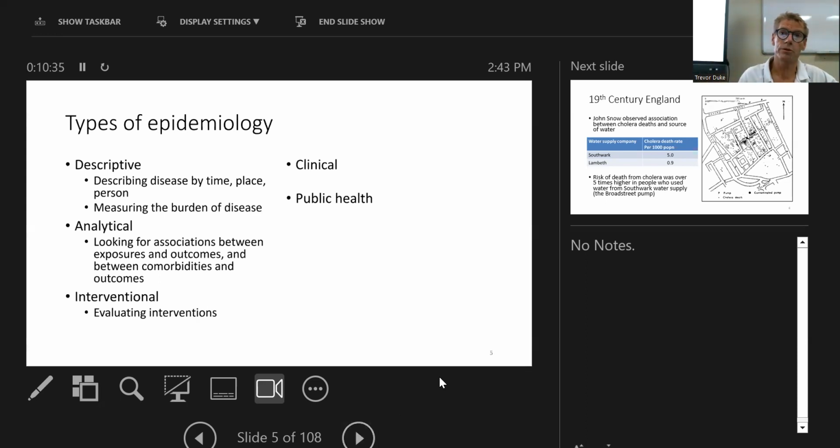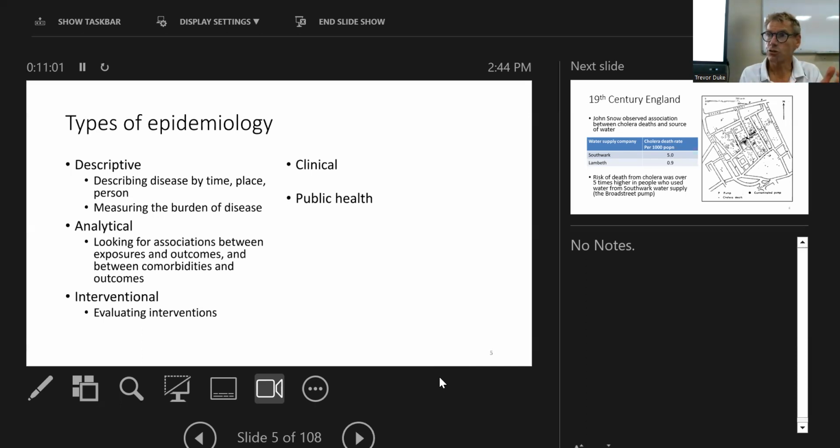And there's lots of types of epidemiology, and most of the projects that we do are mostly descriptive epidemiology, right? Describing disease by time and place and person. You're describing disease patterns or different types of diseases, or you're measuring the burden of diseases, right? Now, some is a bit analytical, right?